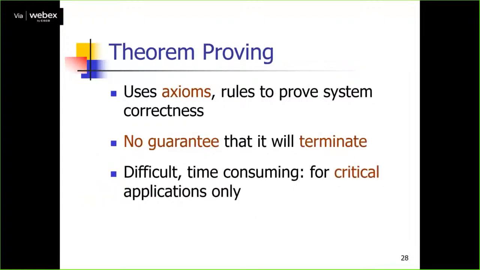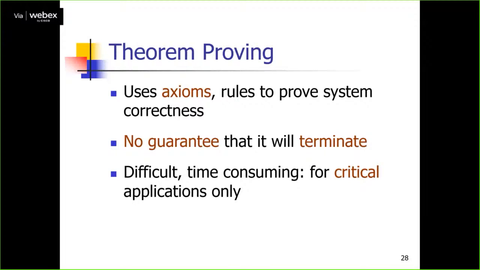So in theorem proving, we use axioms, rules, and even lemmas to prove the system correctness. There may be an infinity created on these lemmas once you go for proving. It is not guaranteed that this infinite looping may be terminated, because that requires more dependable factors to be derived, one to one or one to many values.